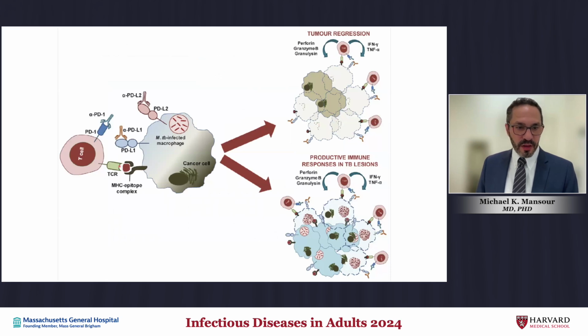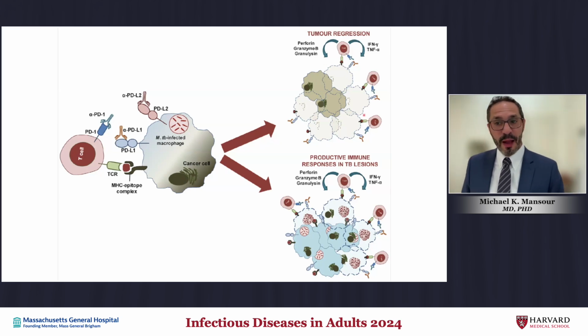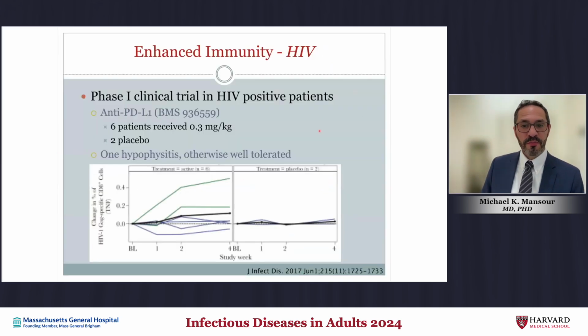There's lots of theories behind this, but in this review, they're really paralleling the examples of the tumor response to those in TB granulomatous lesions, and that blocking these checkpoints really does enhance the anti-TB response very similarly to what you would expect would be happening for an anti-tumor response.